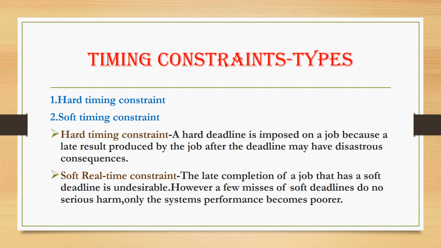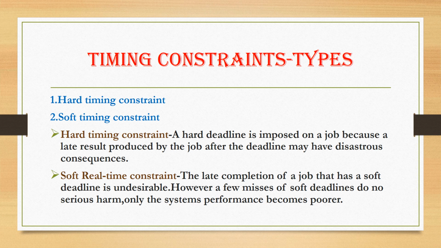If a sensor is used for sensing the temperature of the boiler every second, it should monitor it correctly. If it does not sense the temperature for a particular second, the temperature of the boiler increases, and there may be a major accident; it may burst. So this is the hard timing constraint.